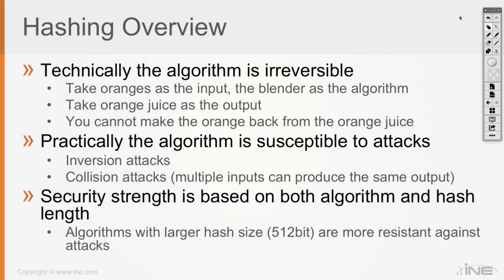has to do with both the strength of the algorithm. Clearly, SHA-2 is going to be a better, more secure algorithm because they fixed design flaws or any kind of flaws that MD5 initially had, for example. And of course, the hash length. So clearly, the larger the hash size, which the maximum available size nowadays can be 512 bits if you use SHA-2, the more resistant it is against collision attacks.